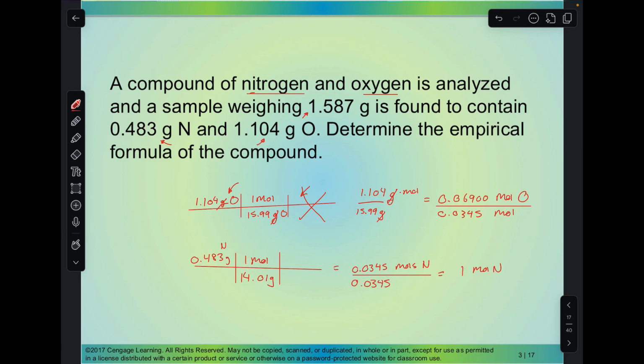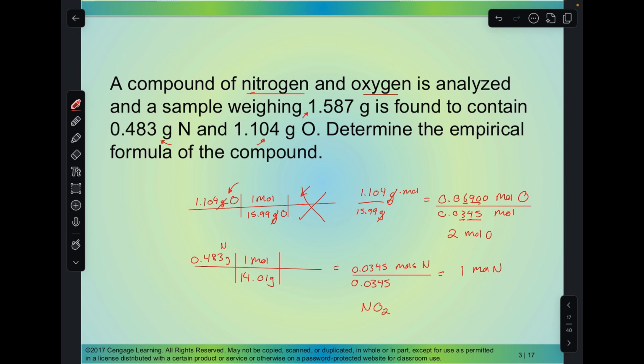That's going to be twice as much, right? 45 times 2 is 90, and 3 times 2 is 6. So that's going to be a multiple of 2, so 2 moles of O. Now this is our empirical formula. We have NO2.